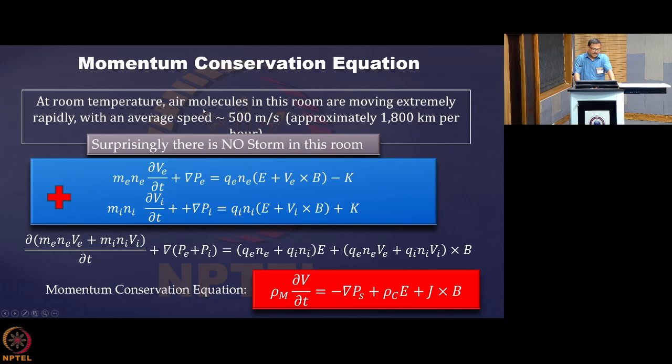Now the thing that is bothering us in these derivations is the collision term. It is difficult to handle in the case of our mass and charge conservation equations.